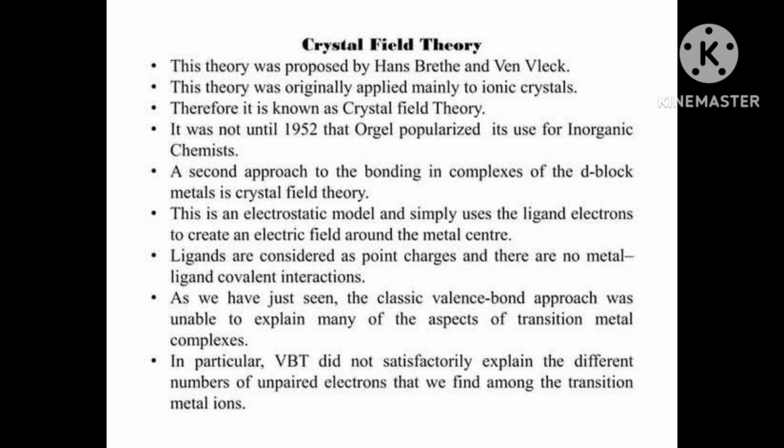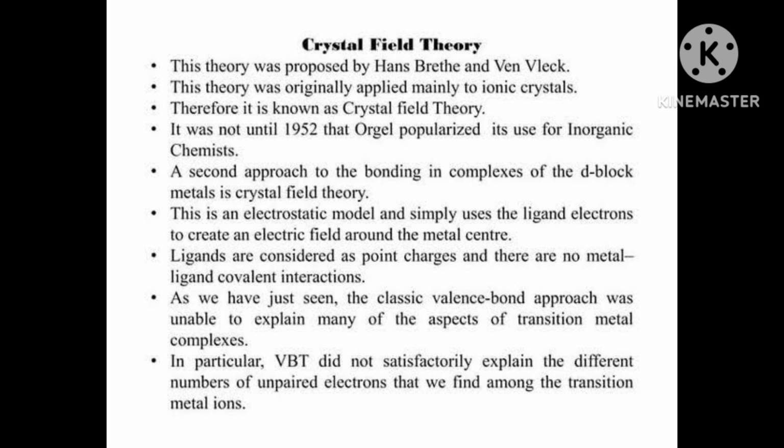In an octahedral complex with 6 ligands surrounding the metal atom or ion, there will be repulsion between the electrons in the metal d orbitals and the electrons or negative charges of the ligands. Already I discussed. Such a repulsion is more when the metal d orbital is directed towards the ligand.